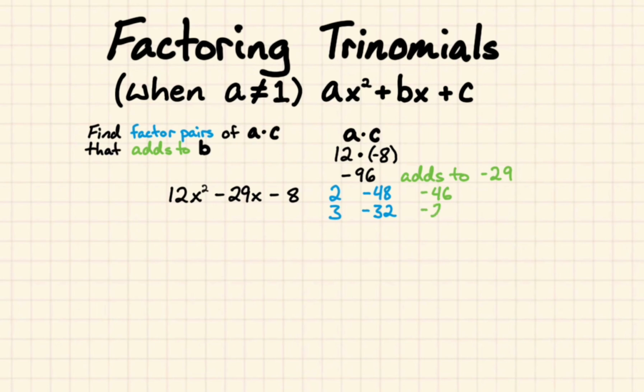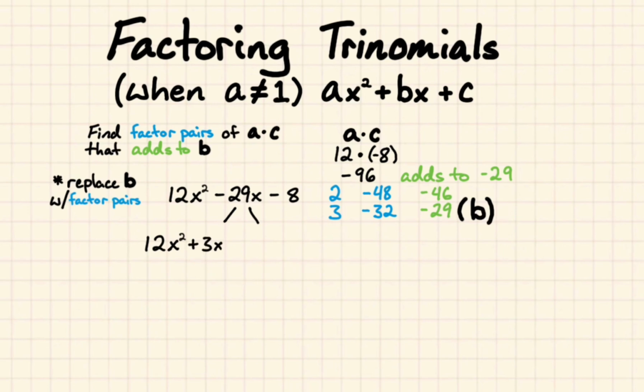It adds to negative 29. And so what I'm going to do with these numbers, because they add to b, I'm going to replace b with the factor pairs. So it's going to be 12x squared plus 3x minus 32x minus 8.